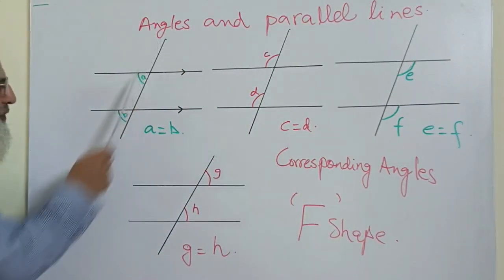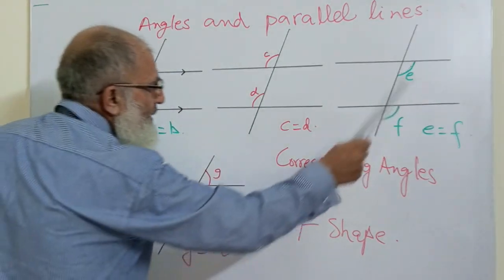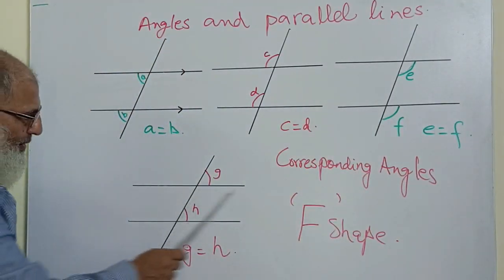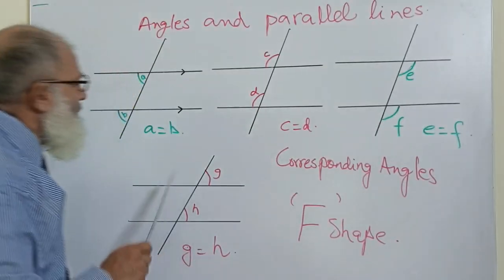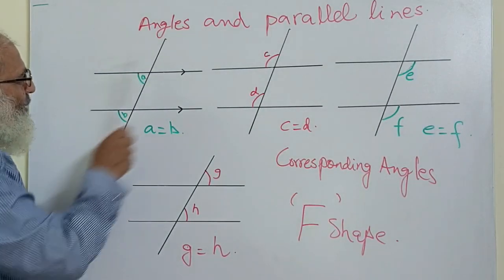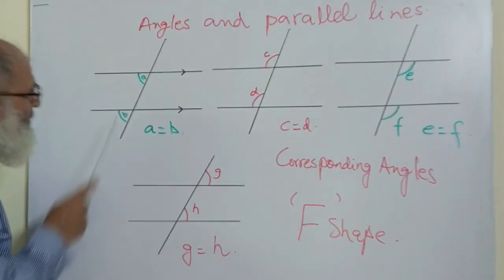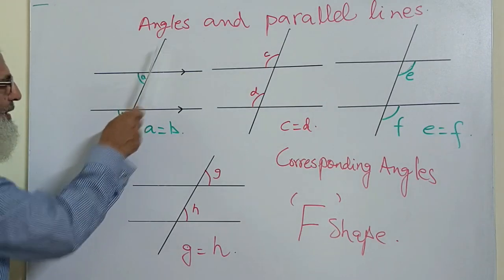Now where you see F, either it is inverted or it is like this, you find the angles which are formed. Now in this F, you can see that this is F, this is an inverted F, or you can take this as a tail or this as a tail.